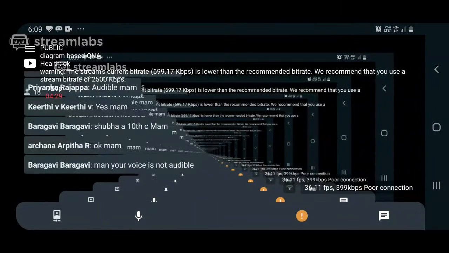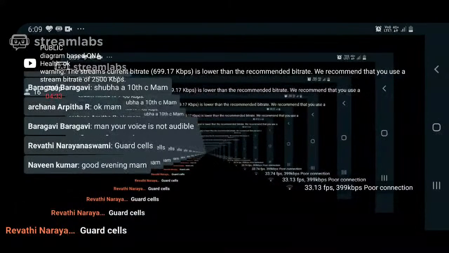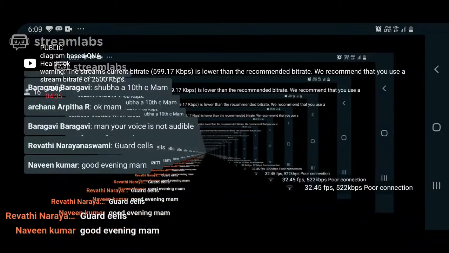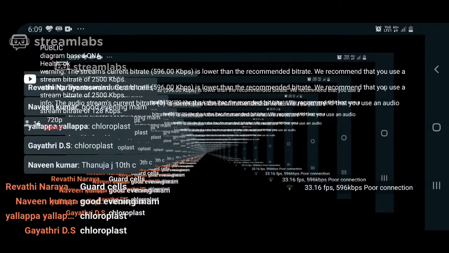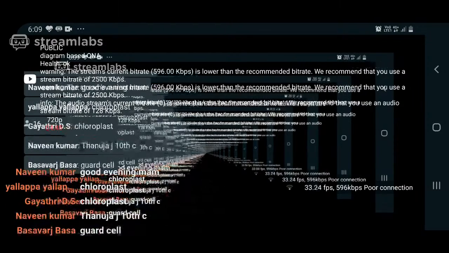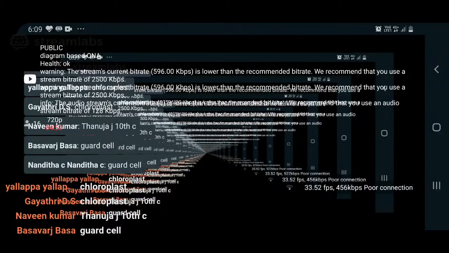So you all have gone through the diagram. They were green enlarged cells. What is the name given for green enlarged cells? Chloroplast. Very big cells, not small cells in a bean-shaped cell.